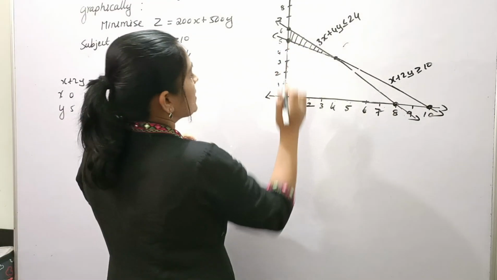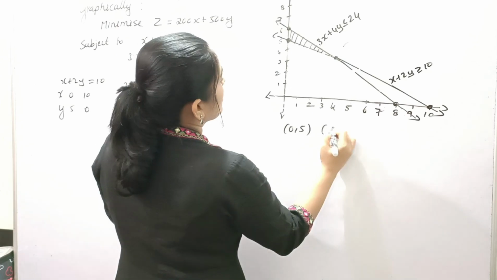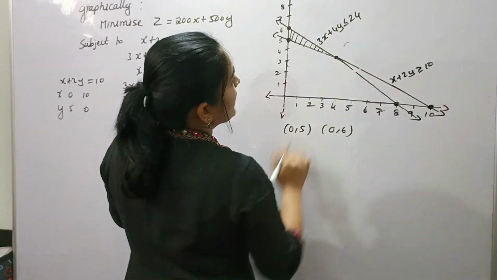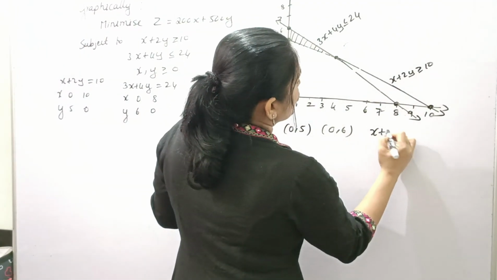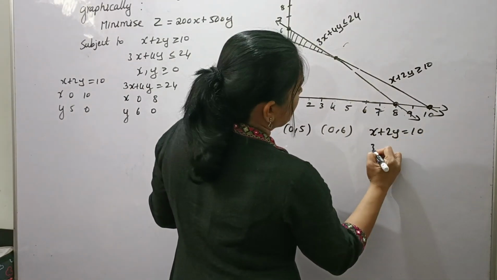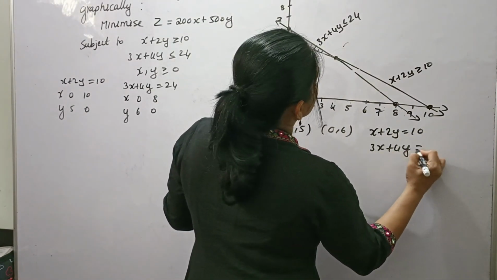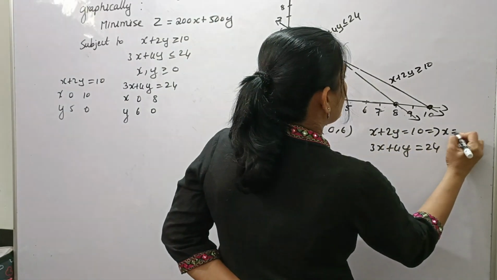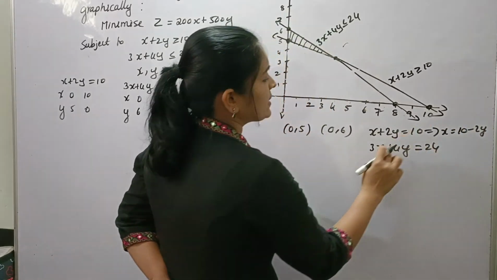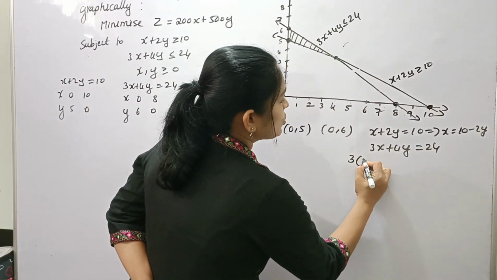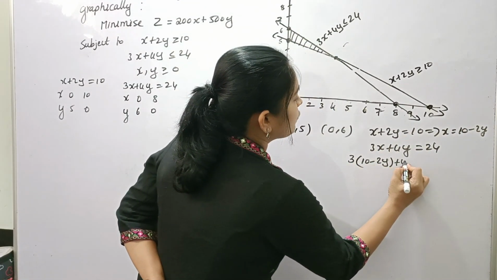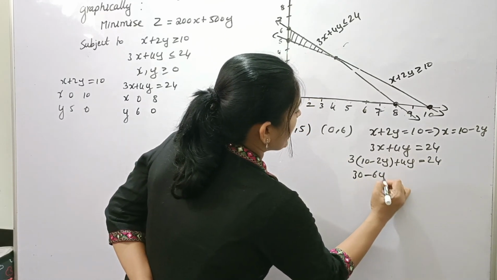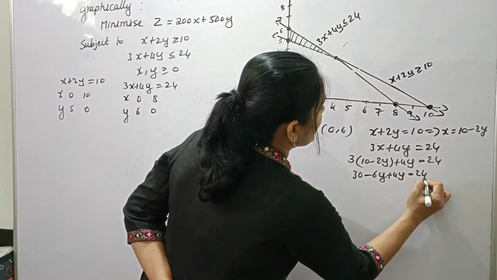Okay. So what are the points? 0, 5, 0, 6, and this point is the intersection of these two lines. Let's find x plus 2y is equal to 10, 3x plus 4y is equal to 24. Okay, from this we can write x is equal to 10 minus 2y. Substitute x is equal to this here. So 3 into 10 minus 2y plus 4y is equal to 24. 30 minus 6y plus 4y is equal to 24.